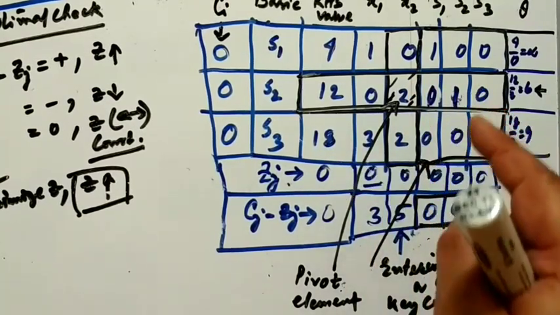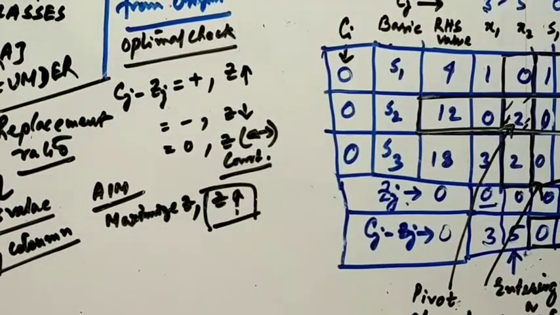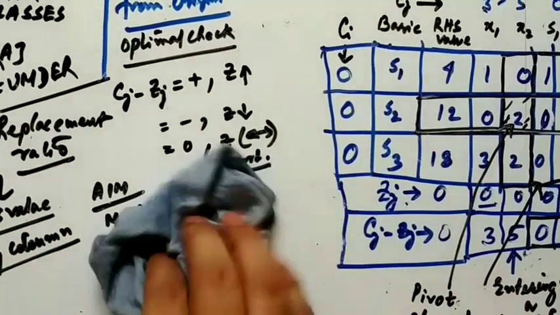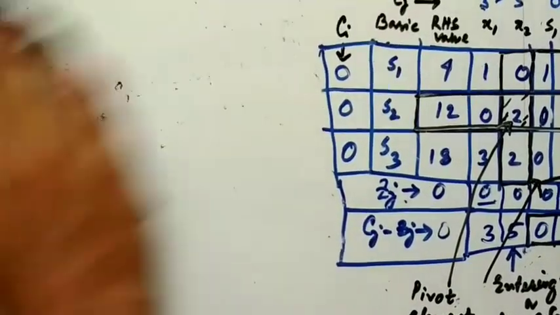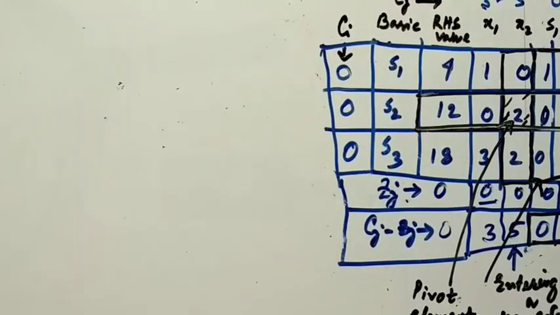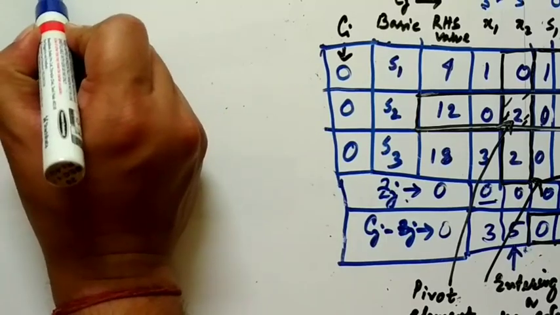Now we have to calculate the second table. Let us calculate the second table. For calculation of the second table, I can write it over here. Say this is the second table.